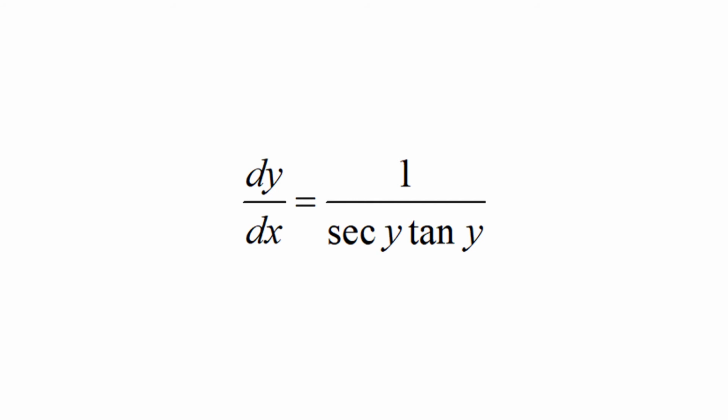Since mod x is greater than 1, we have y equal to sec inverse of x lies in open 0, pi by 2 union open pi by 2, pi, and hence sec y into tan y not equal to 0. Thus, the above equation gives dy by dx equals 1 by sec y into tan y.